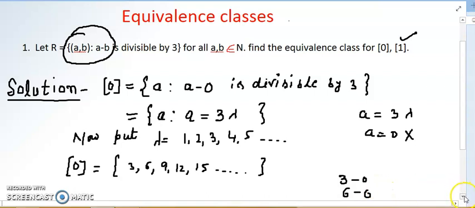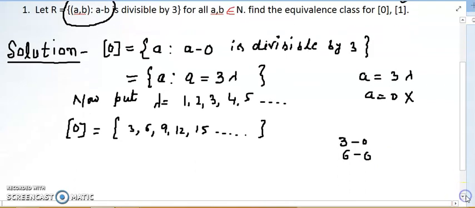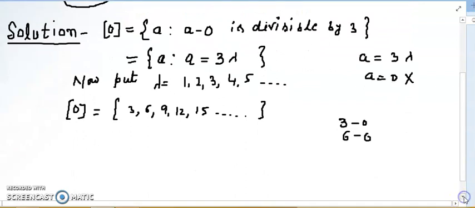Now we find the equivalence class for 1. The same method we have to follow.